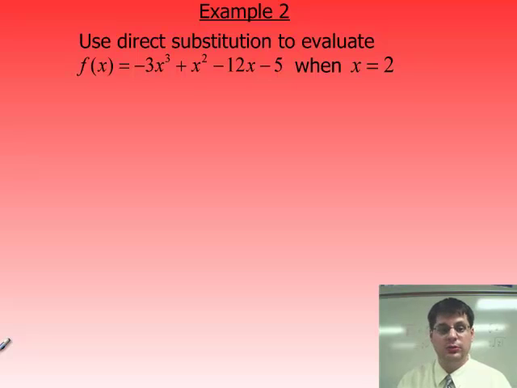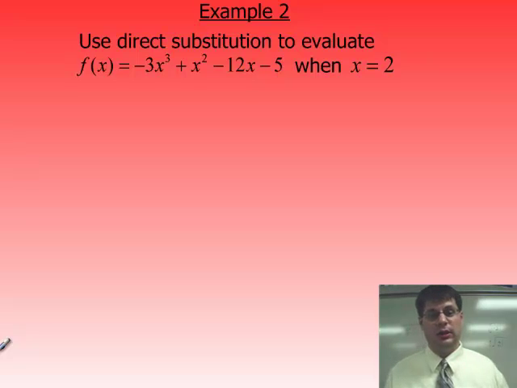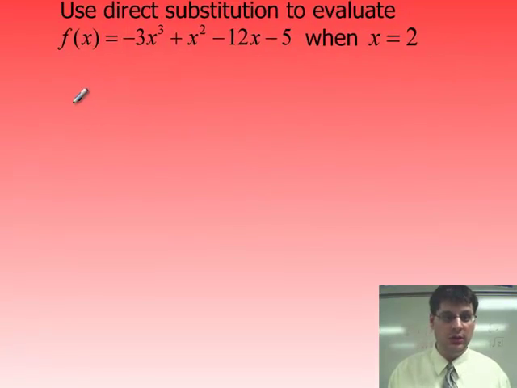One of the other things we're going to do is use direct substitution to evaluate a polynomial. So this is just simple, using a function. So we want to substitute in 2 for x, or evaluate what this polynomial function is going to be when our input is 2.